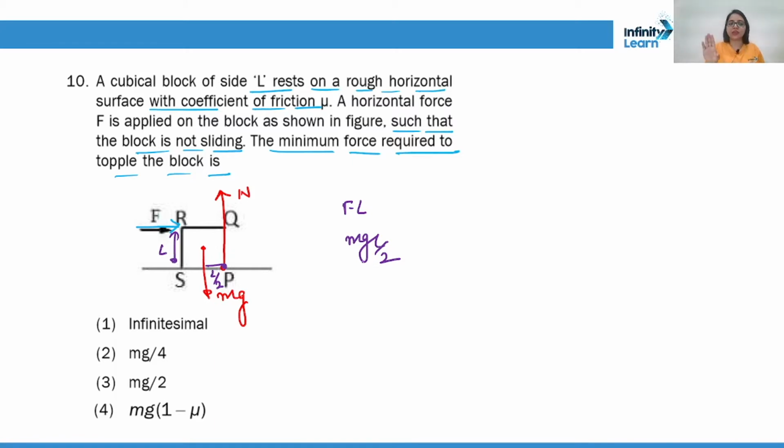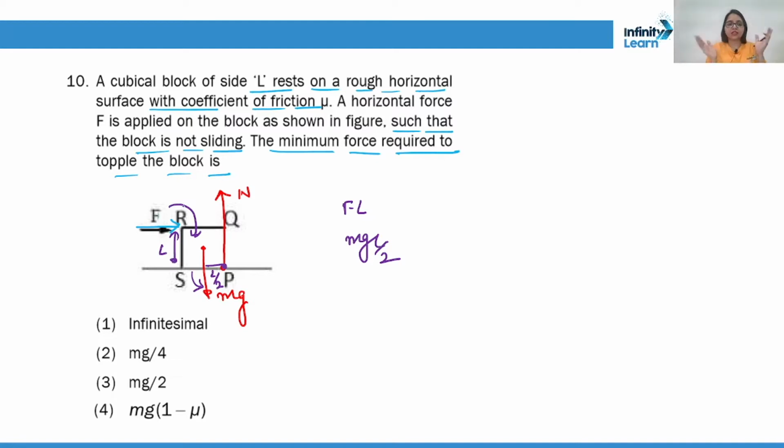If you look at the torque produced by F, in what sense will it be? It will try to topple this block in clockwise direction, right? On the other hand, the torque produced by mg, r cross F, will try to rotate this block about point P in anti-clockwise sense.